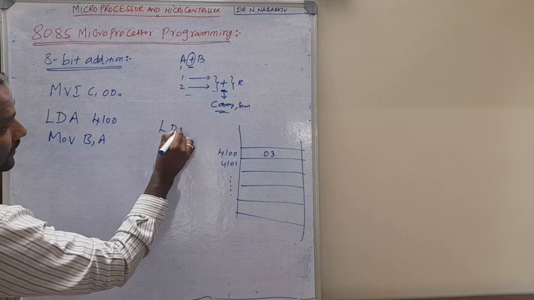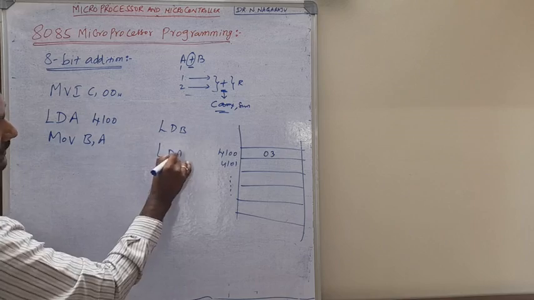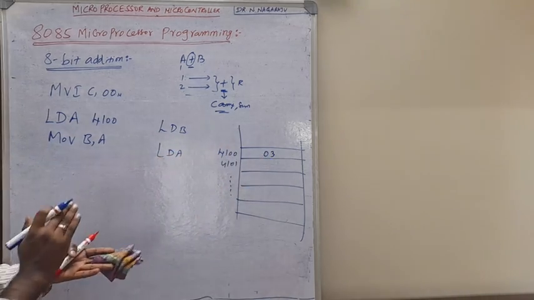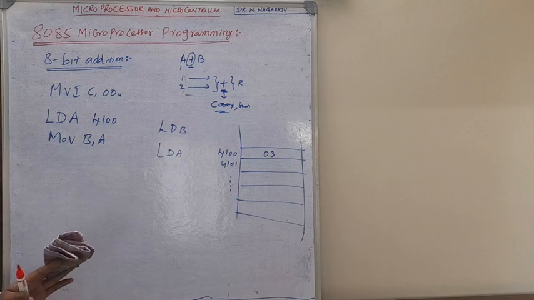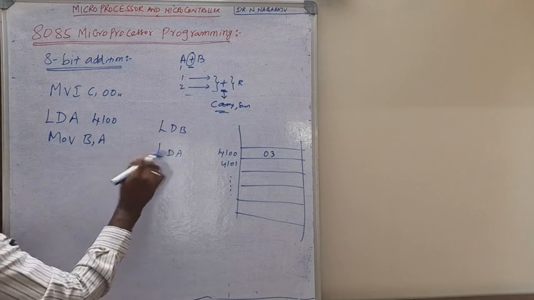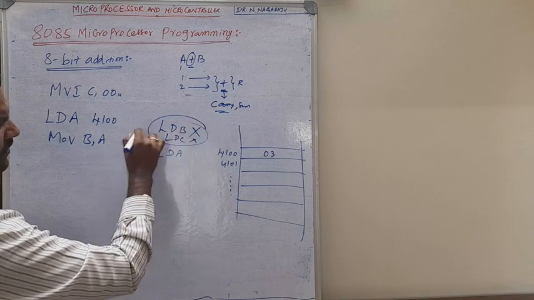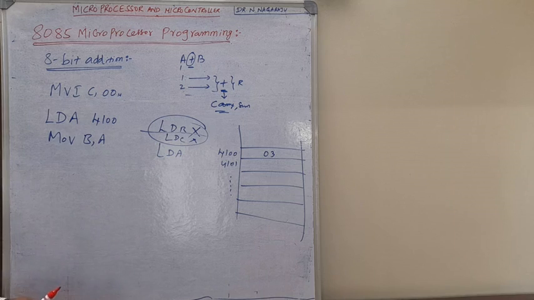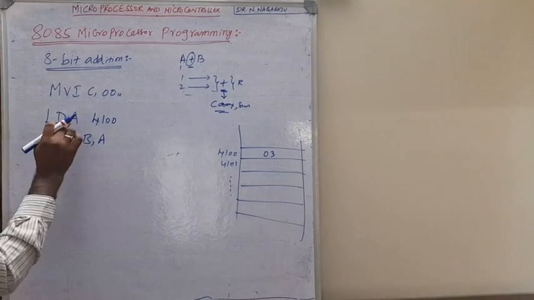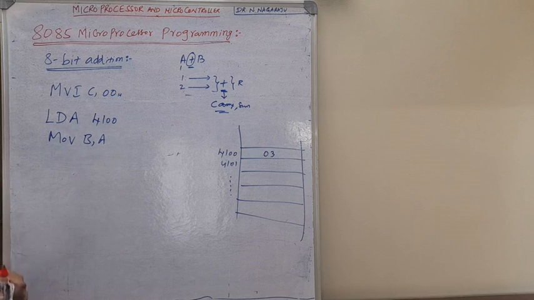We don't have an LDB instruction or LDC instruction. Memory to CPU communication can be done only through the accumulator, not any other register. You have to remember that. So for the first data I take it into the accumulator, and I move that data into another register to get the other data.